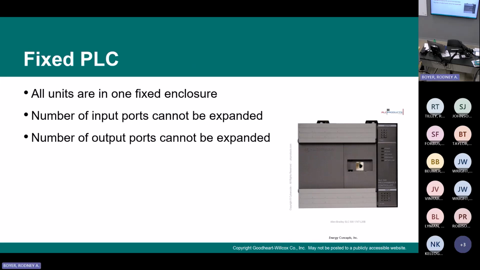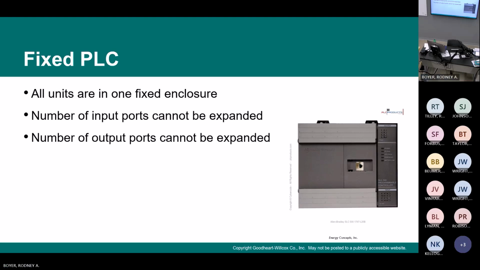The little brother of these controllers, the Micrologix 1000 and 1100 are fixed controllers. They're about the size of a shoebox. So they are commonly referred to as shoebox controllers. Those are not expandable in any way, so those are fixed.